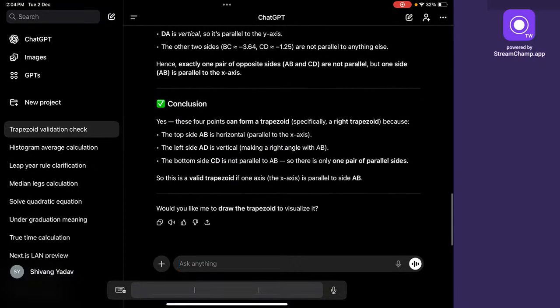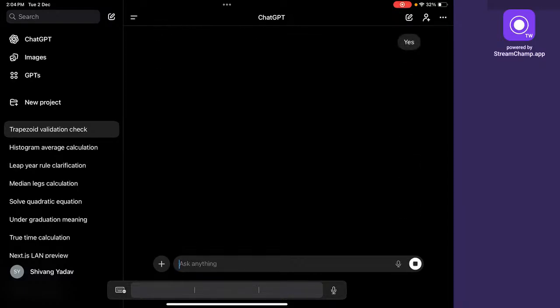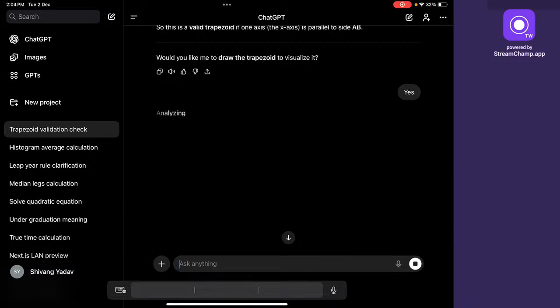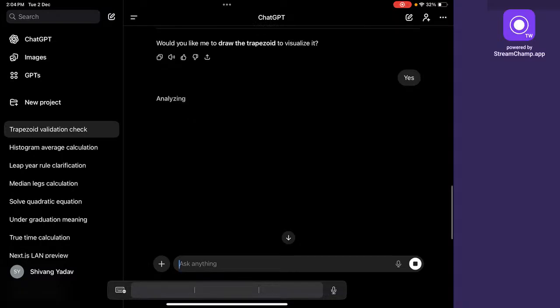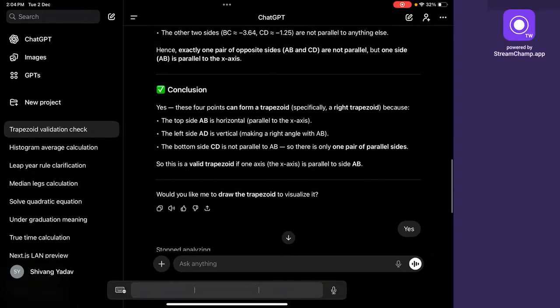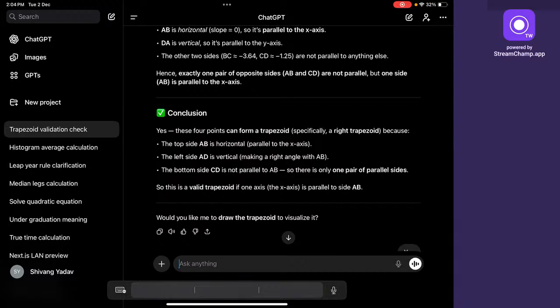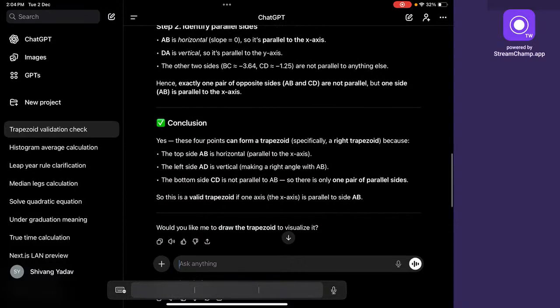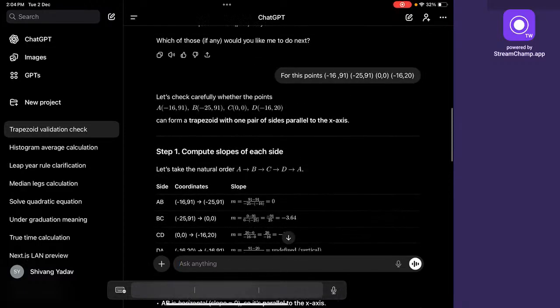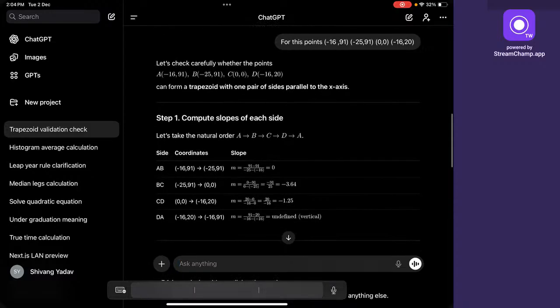Yes. Let's not do that. These 4 points can form a trapezoid because top AB is parallel to the x-axis. Okay, yeah, A and B are valid.